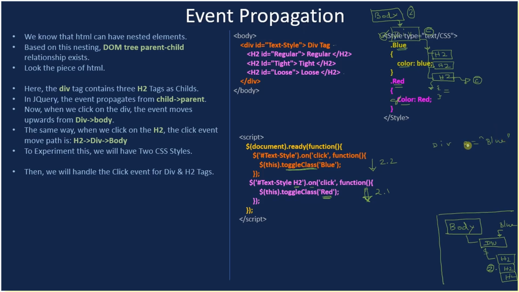right? So this is a class. For simplicity's sake, I just kept it simple, right? Then the div contains multiple h2. The event is produced at the second, right? The second will have the class attribute of red.